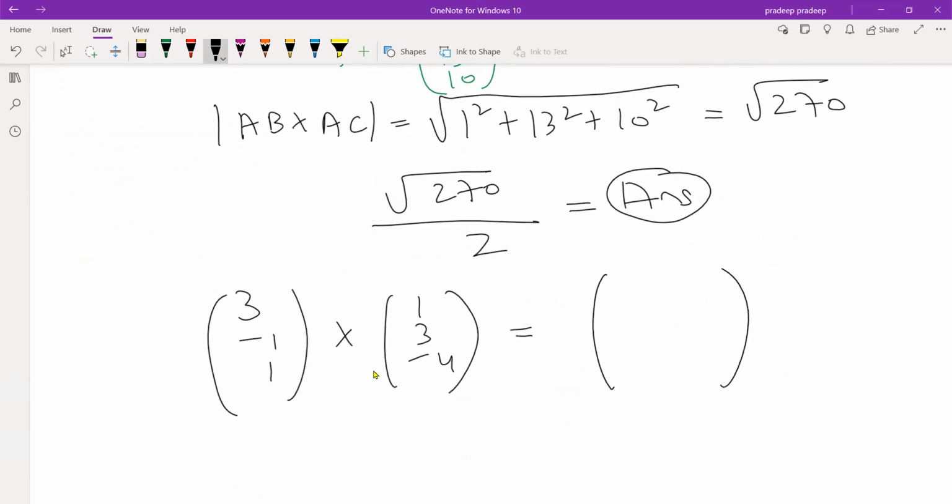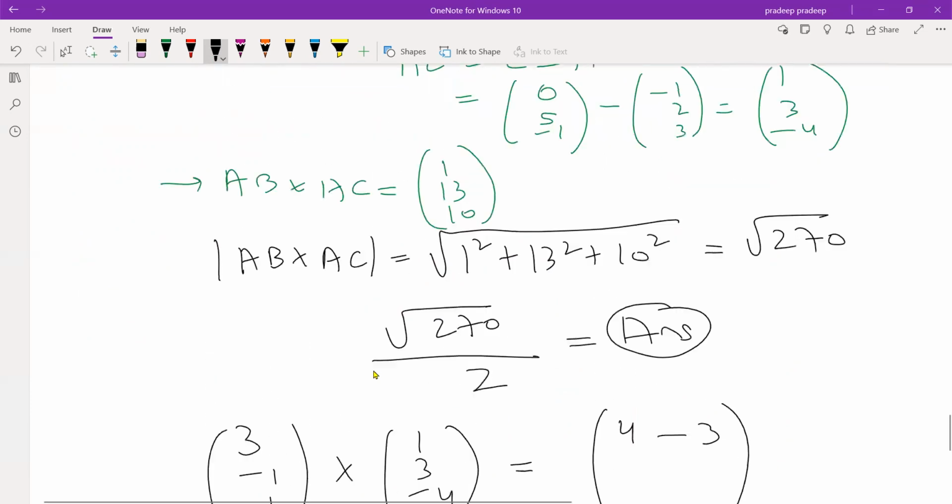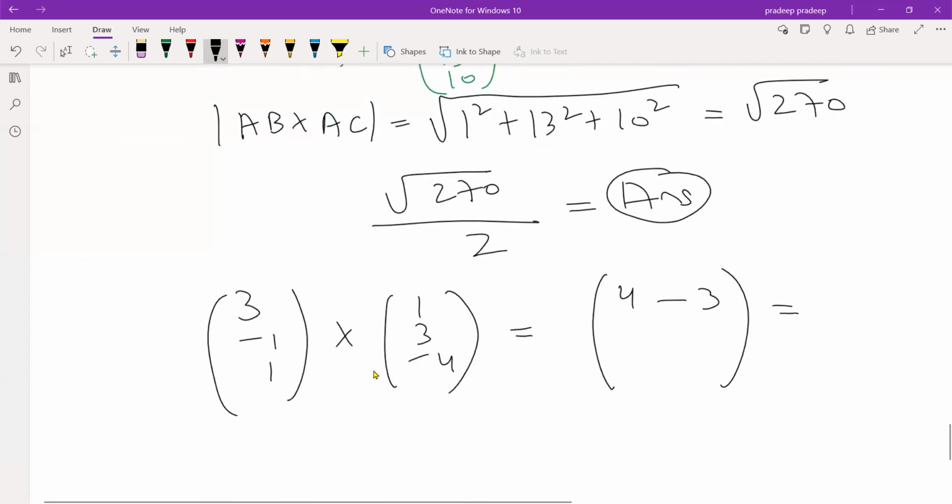For the x component, we do minus 1 into minus 4, which is 4 minus 3. So the x component will be 1. And what will be the y component? It will be 1 into 1, which is 1 minus 12. So this will be 13.